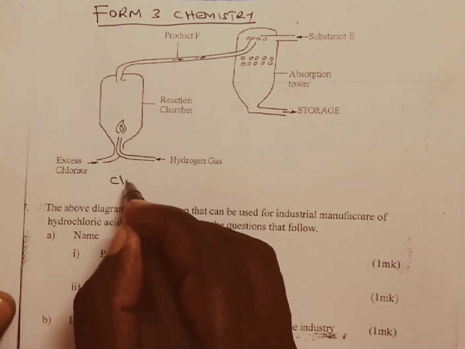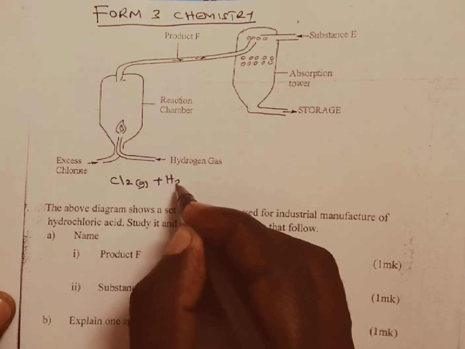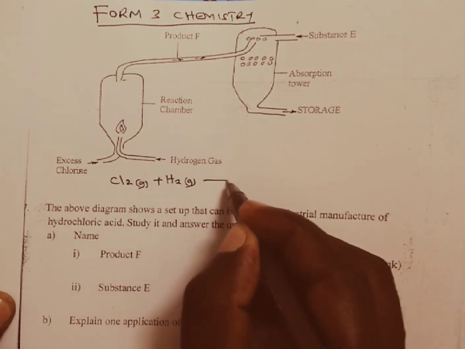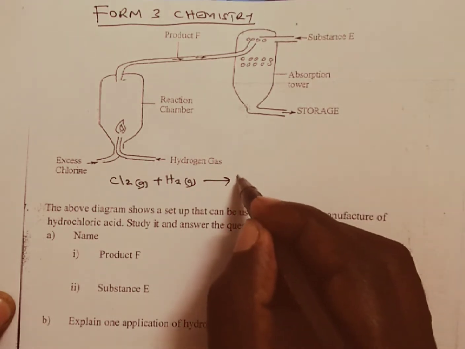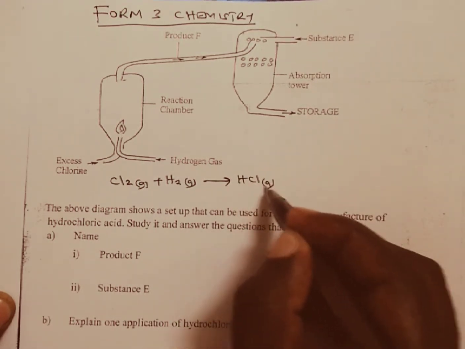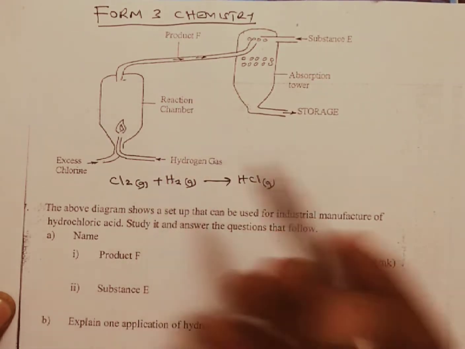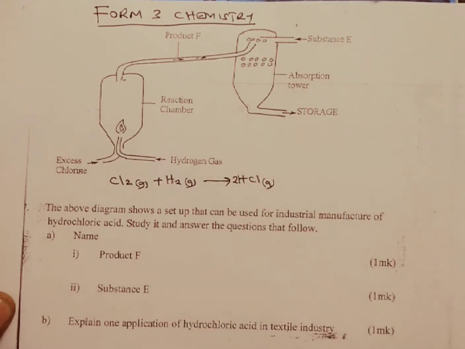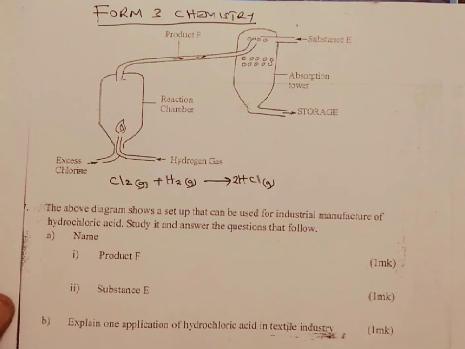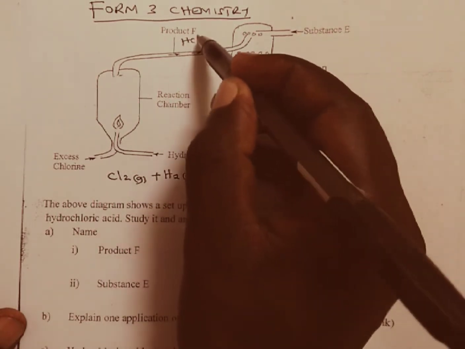So we have chlorine gas reacting with hydrogen gas, and the reaction between chlorine and hydrogen produces hydrogen chloride gas, which is our product F. If you wish to balance the equation, we write 2 behind hydrogen chloride gas. So product F is hydrogen chloride gas.